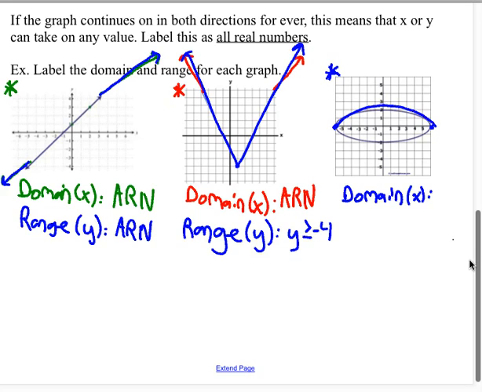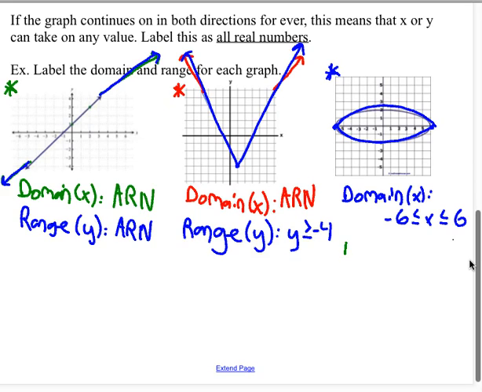It never goes beyond those two points. Nothing goes to the right, nothing goes to the left. So all of my x values are scrunched in between that -6 and +6. So this time my x is bounded in both directions. It's never going to be above 6, never going to be below -6.